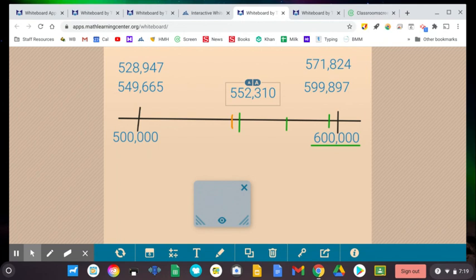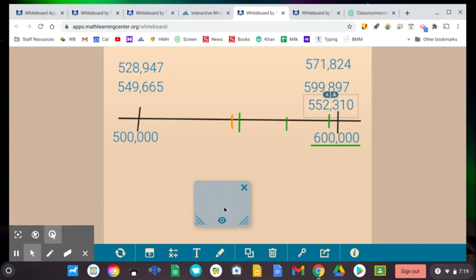And if it's five or bigger, you round to the larger number. And if it's four or smaller, you round to the smaller number. Well, that's what you're thinking about. We look at the five, and the five would take us more than halfway. So it would round to the larger 600,000.